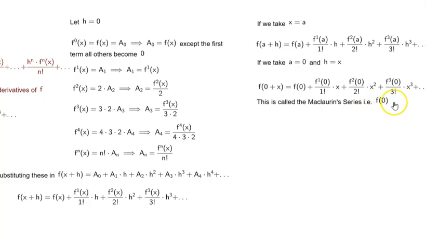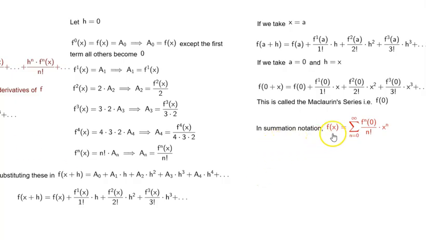So whenever we talk of a series centered at 0, we say it is a Maclaurin series. Now, instead of every time writing this cumbersome expression, we can use the summation notation.